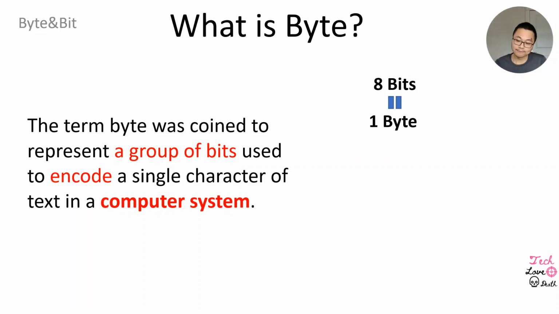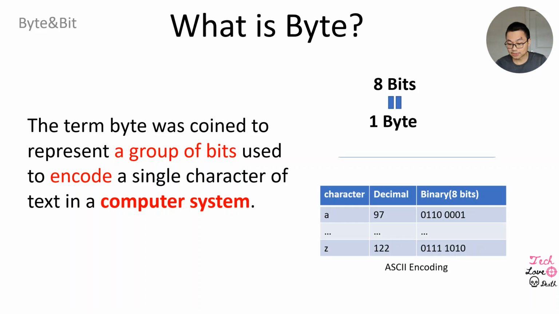The second one, encode. Actually, the corresponding noun form of encode is encoding. Encoding is a very important concept in computer system. You can see this table. This is ASCII encoding. Actually, ASCII encoding is an old encoding. We can use it to represent all English characters and numbers. Speaking of which, I want to ask a question first.